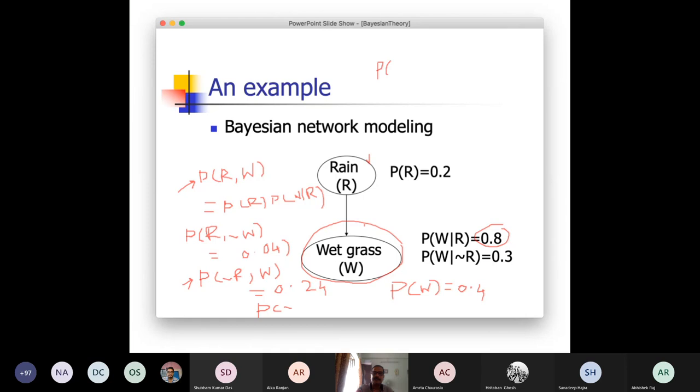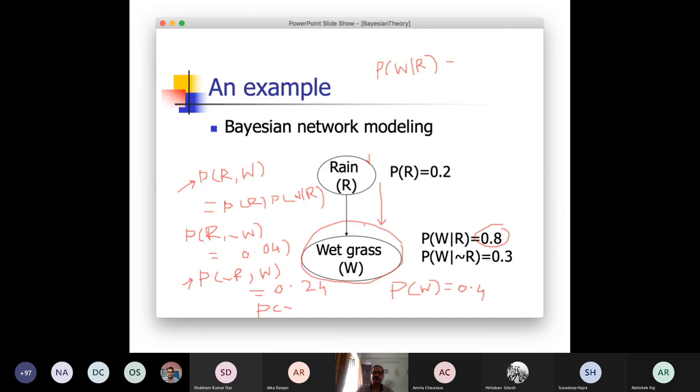That means I have to compute the probability of R given W, something like a posterior. This is forward inferencing and this is backward inferencing. This is causal inference, and this is diagnosis. I'll come to those terms.